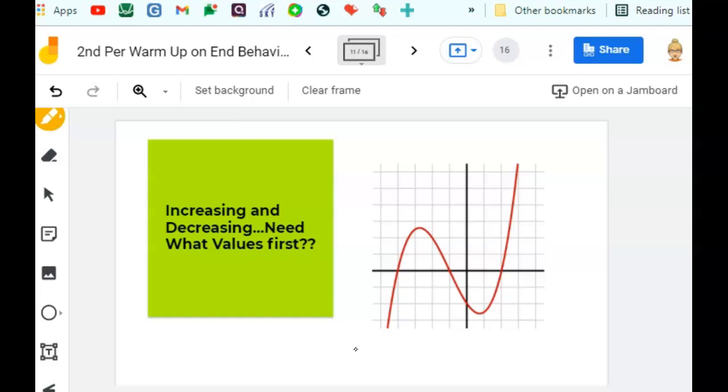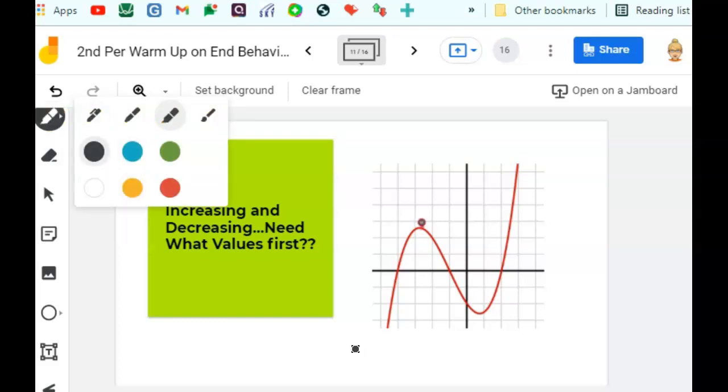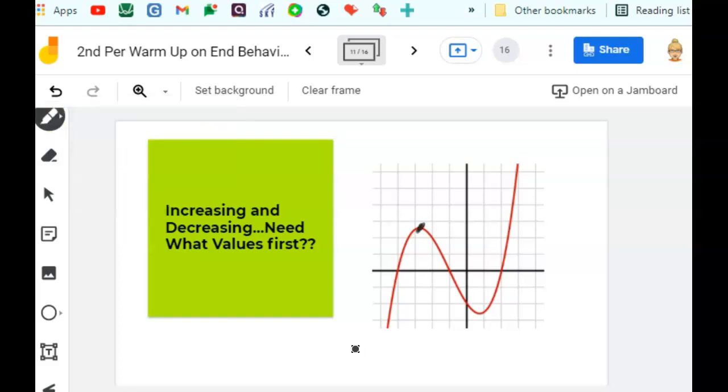So if I put an ordered pair here and call it negative 2.8, positive 2.8, and I call this one, I'm going to be lazy and just call it 1, negative 2.5. Which of those values do we need when we do increasing and decreasing? You only use the x values, okay?